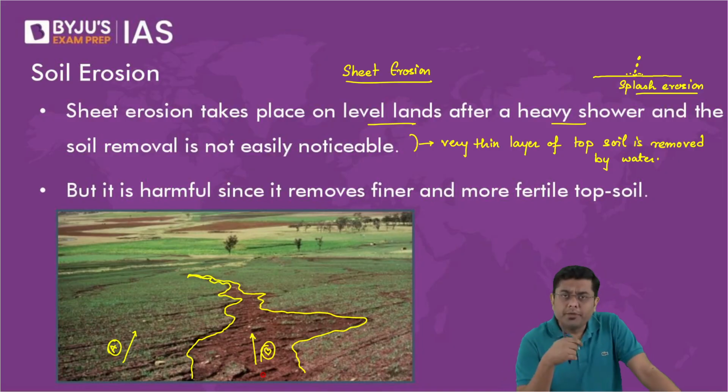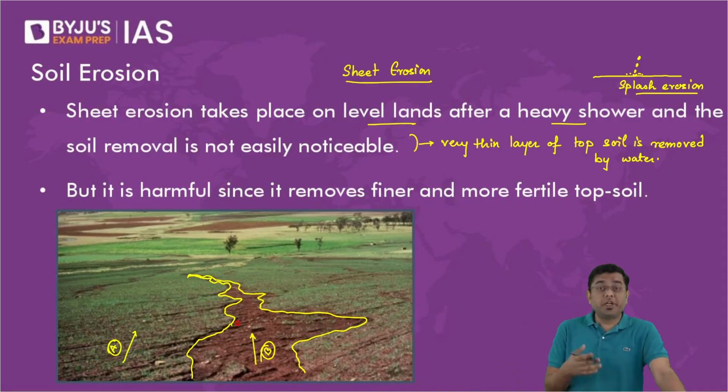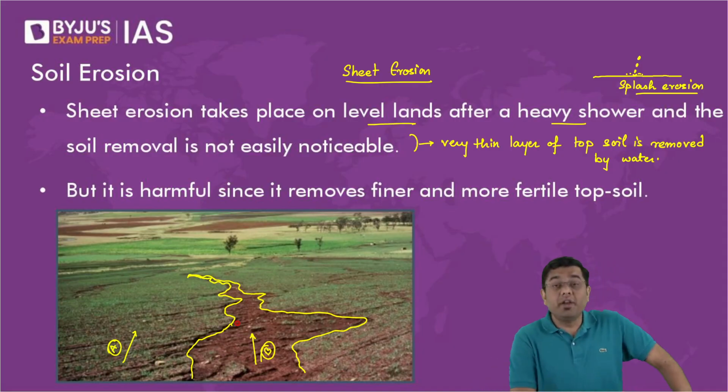So it continues. When water starts to channelize its flow in that region itself, what will happen? This particular area will start to get deeper and deeper. There will be vertical erosion, deepening, which creates temporary structures also referred to as rills.